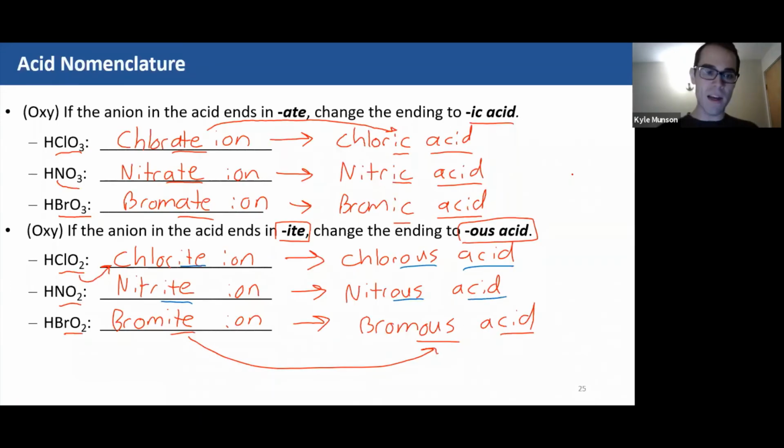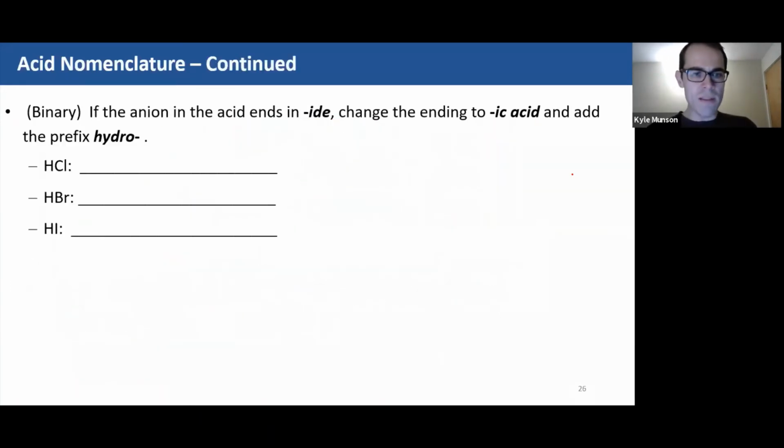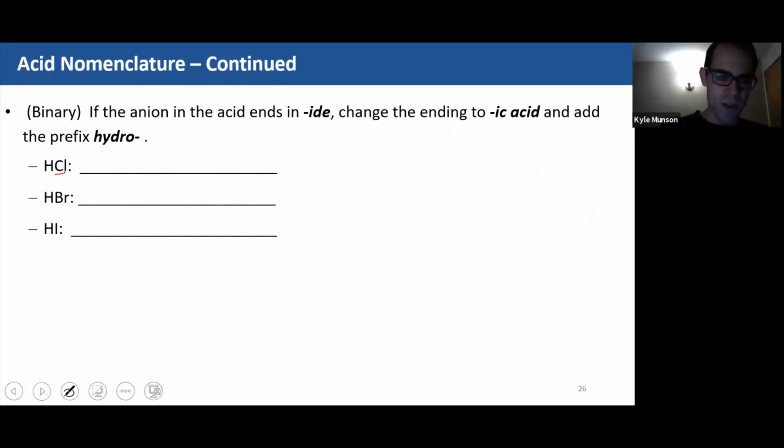So that was all for oxyacids, where you have hydrogen, a nonmetal, and oxygen. Now let's go to binary acids, where it's just hydrogen and an element. So if the anion in the acid ends in IDE, like a chloride ion, change the ending to -ic acid, okay, and add the prefix hydro- to the name. So this is chloride ion, right?